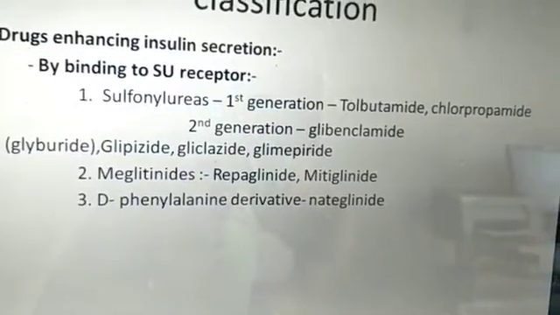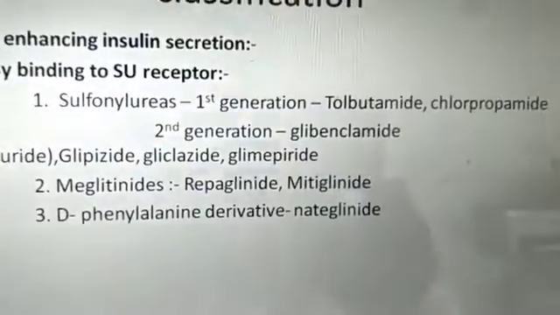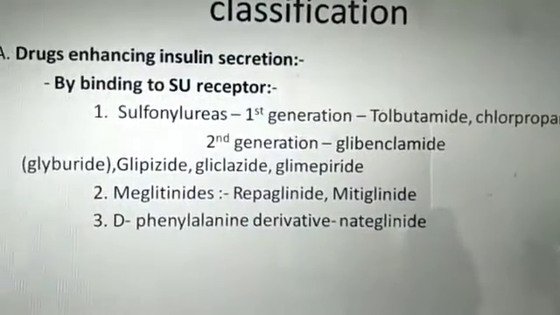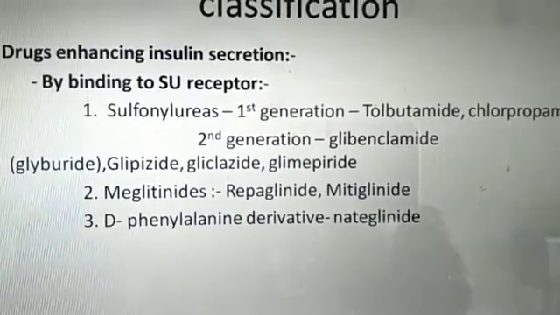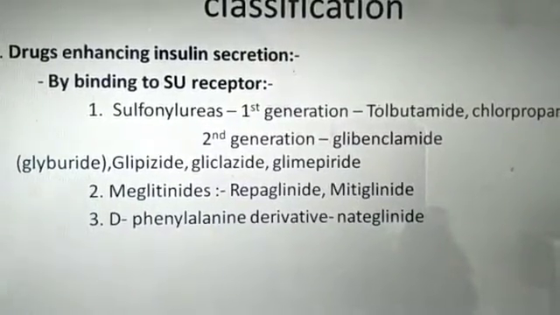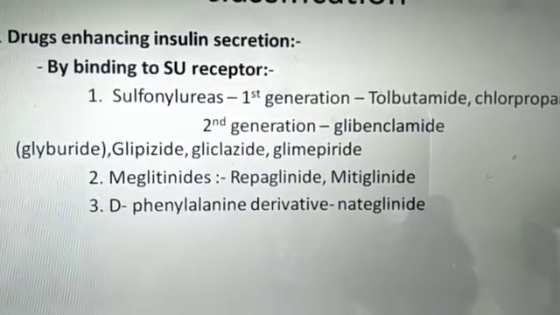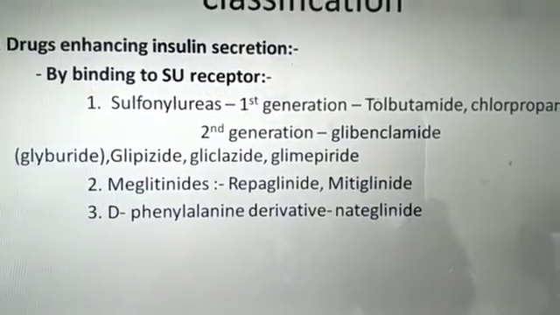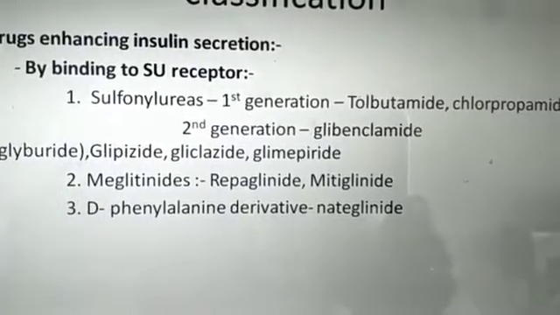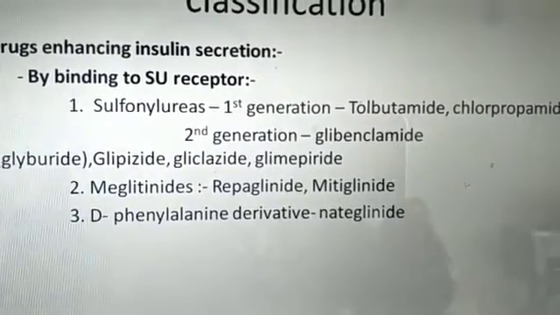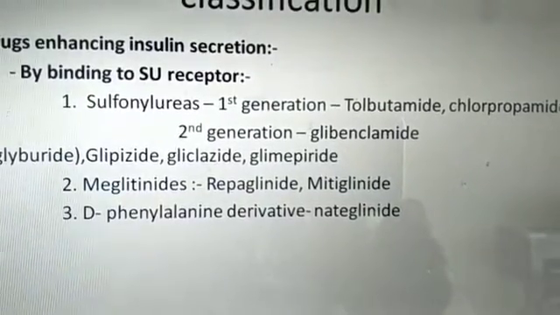First generation: tolbutamide and chlorpropamide. Second generation drugs are glibenclamide, also known as glyburide, glipizide, gliclazide, and glimepiride. Sulfonylureas, two generations. They increase the insulin secretion after binding to the sulfonylurea receptor.